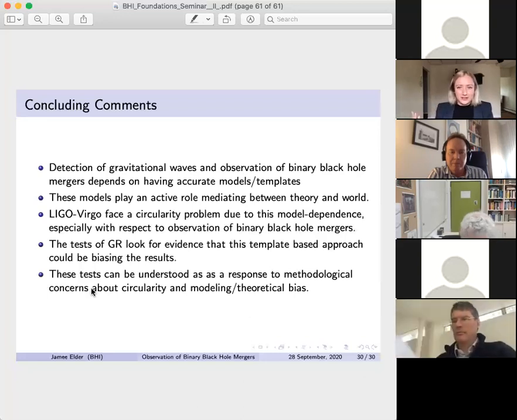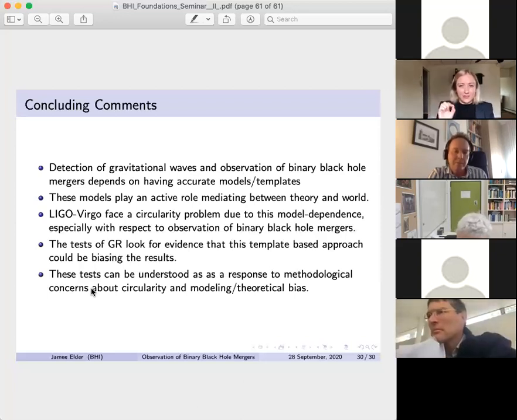If your posterior distributions make it very unlikely that that template is the right one, that would give you good reason to be concerned about the fact that you were assuming GR. As a matter of fact, the tests they've done are consistent with general relativity.